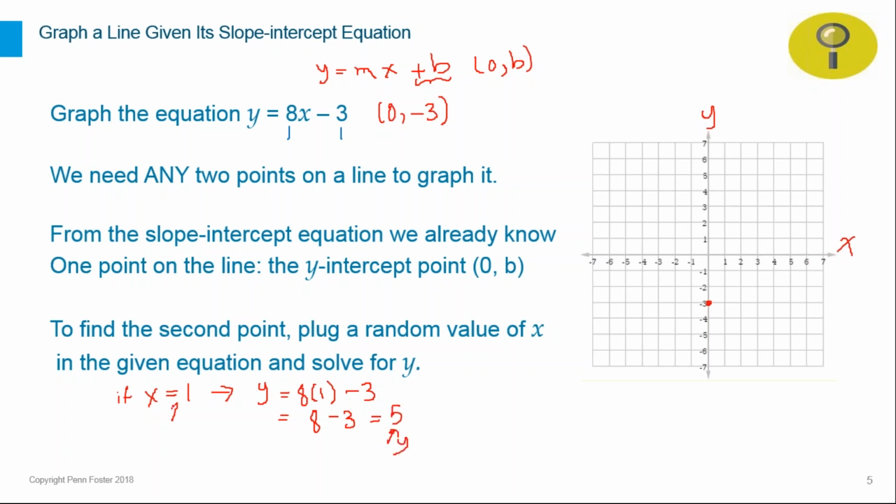I defined the x earlier, so I can put the point together as (1, 5). So another point that this line will go through is (1, 5). So (1, 5) is here. All I need to do is connect the line. That's it. And this is the line that represents this equation.